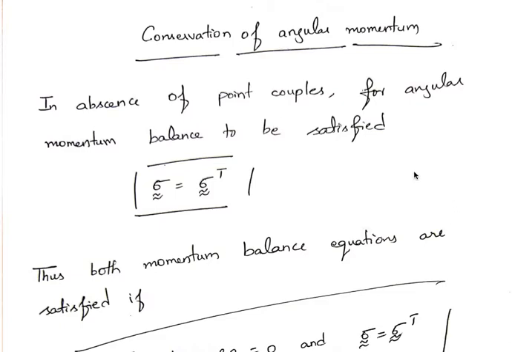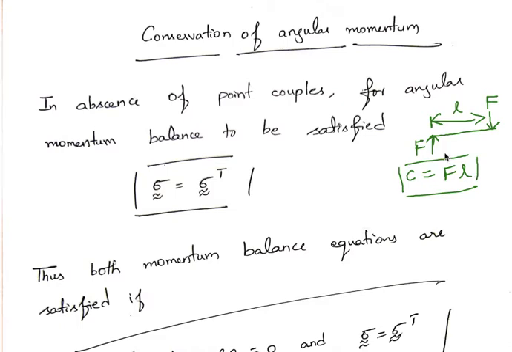If you remember, a couple C, if you have a force system like this, where this is F, this is also F, and the distance between these 2 points is L, then couple C is equal to F multiplied by L. So what do we understand by point couple?